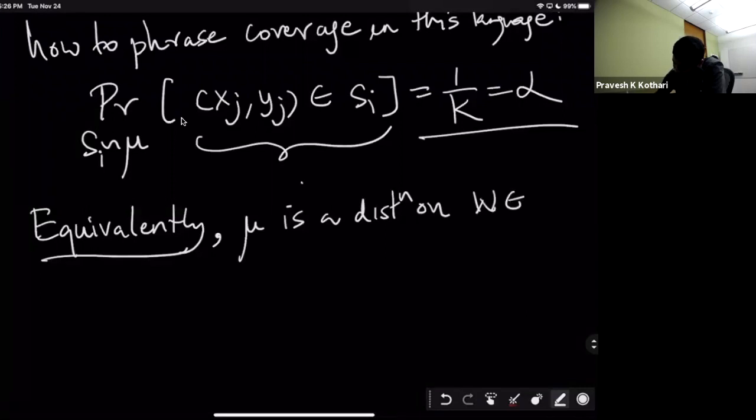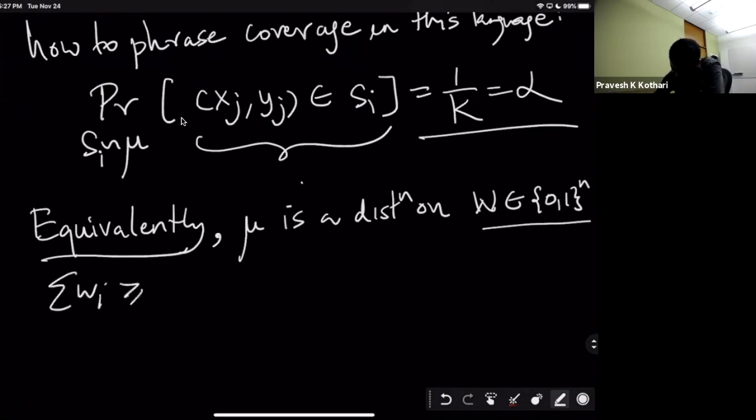Now w is a vector in 0, 1 to the n. Think of it as describing the indicator of the set S that lies in the support of mu. So instead of saying that mu outputs a set, I'm going to output the indicator vector of that set. That's a vector in 0, 1 to the n.